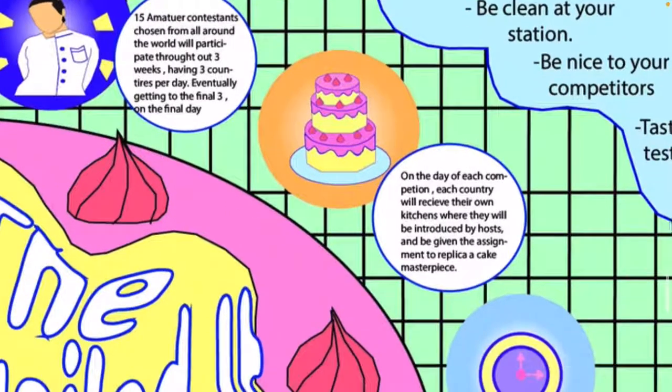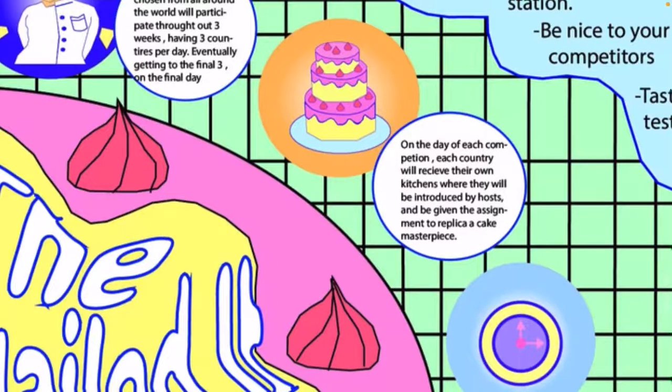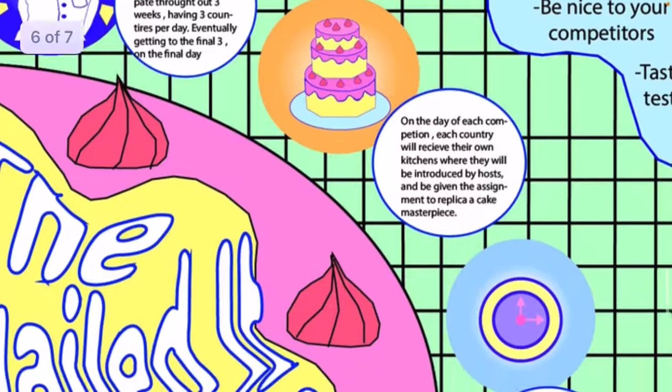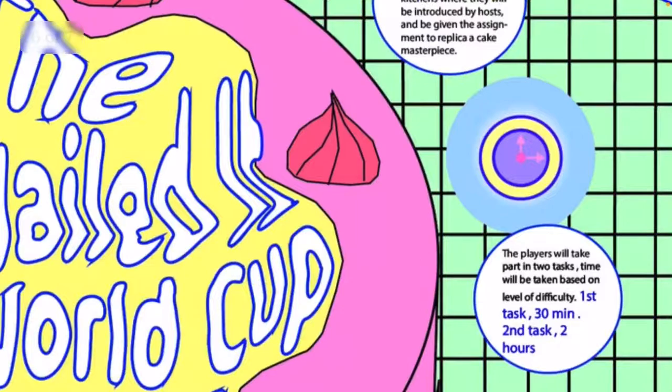On the day of the competition, each country will receive their own kitchen and side station, and they will be given the assignment to replicate a certain baking look, such as a cake or a cupcake. Usually there are 2 assignments, based on difficulty and the amount of time they have. The first assignment is the easiest and will be 30 minutes, and the second assignment will be the hardest, which will take 2 hours.